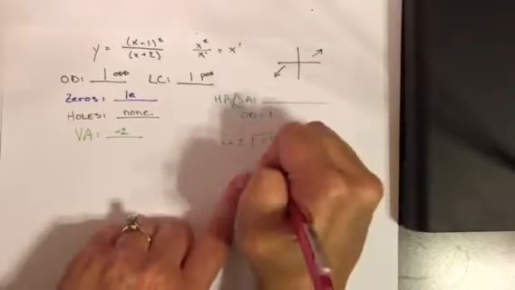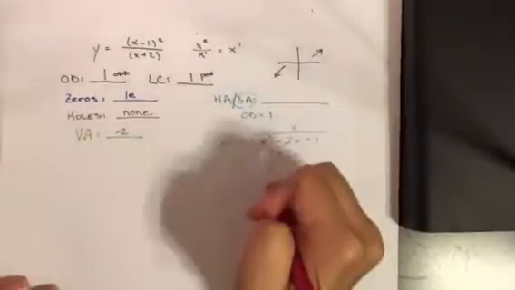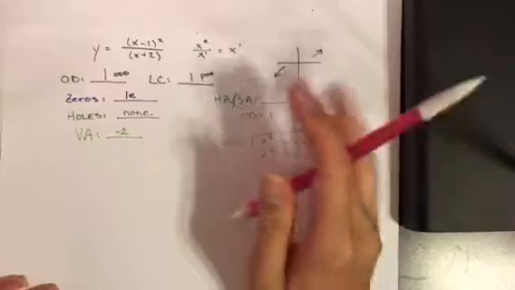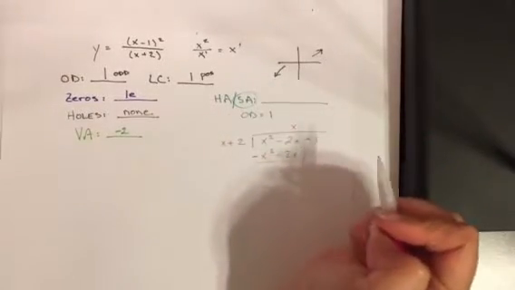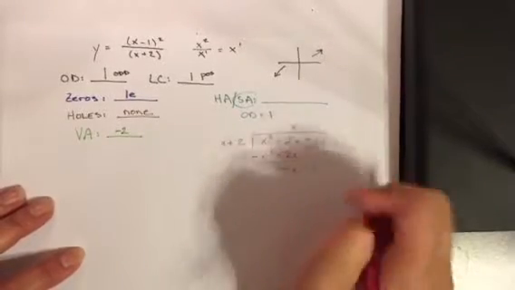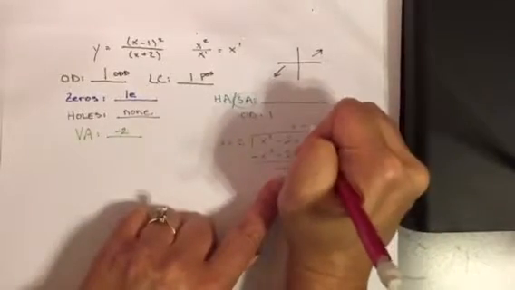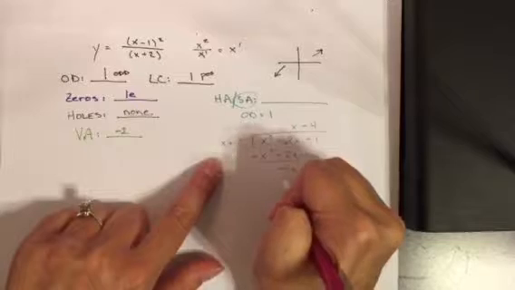So x times x is x squared plus 2x. Remember, I'm subtracting, so negative. So that gives me 0 x squared terms and negative 4x. Bring down the 1. Now to get rid of this negative 4x, I'm going to put x minus 4 so that I multiply that minus 4.